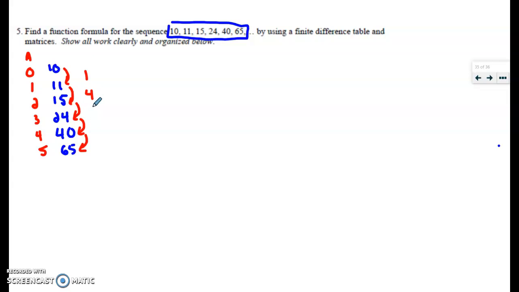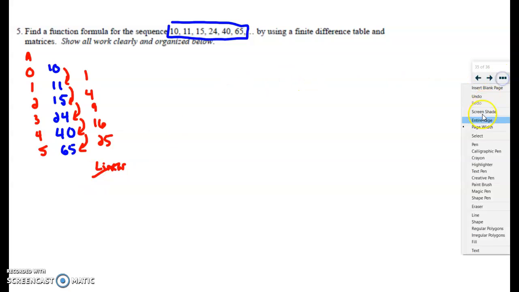This difference is a 9. And we got this difference to be 16, and then this difference to be 25. So if this first difference was the same, that would make it a linear function. Well, because that first difference is not the same, it will not be a linear function.